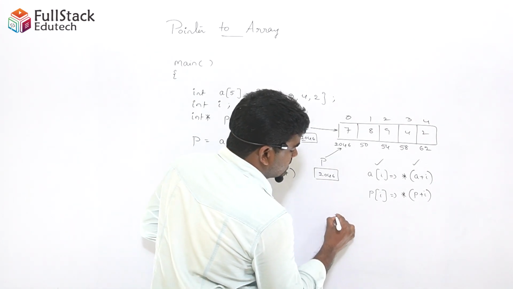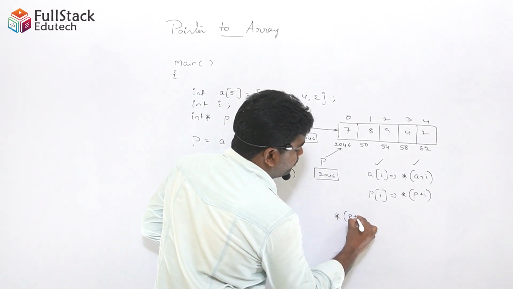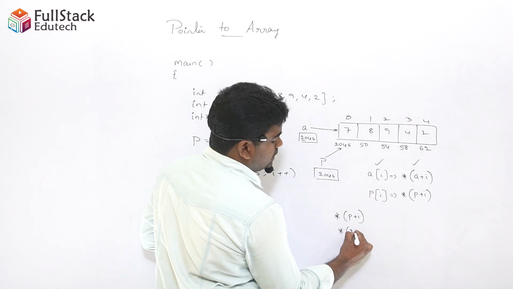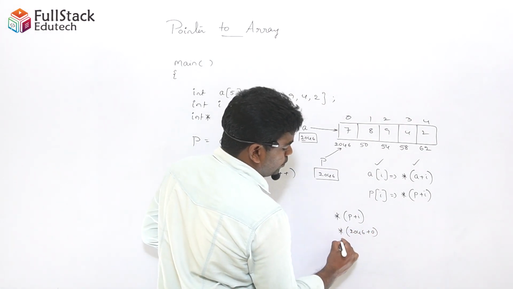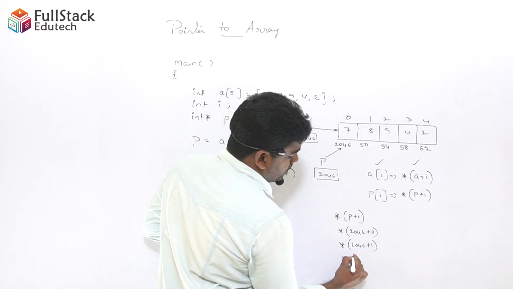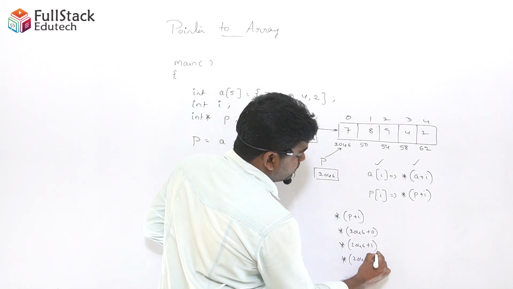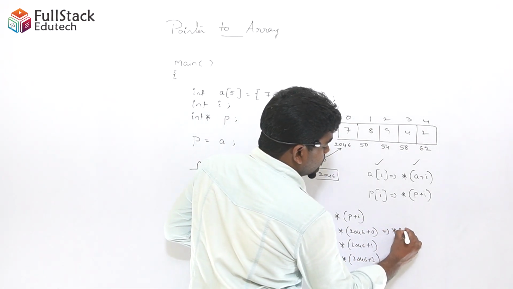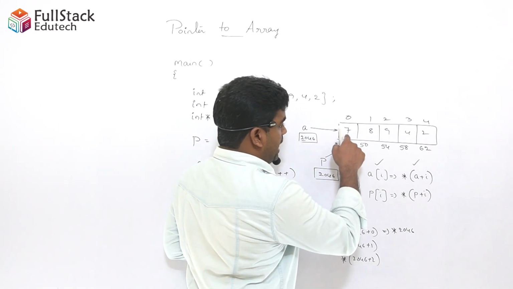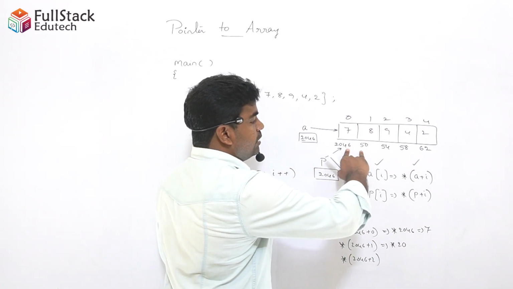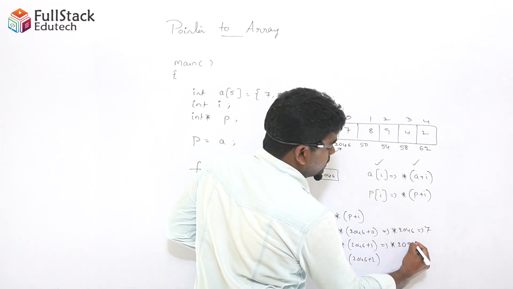Because already we have discussed, *(p + i) is nothing but p is 2046, so *(2046 + 0), *(2046 + 1), *(2046 + 2). 2046 plus 0, that is *2046, value is 7. Next one is *(2046 + 1), which means 4 bytes will increase, that is 2050.